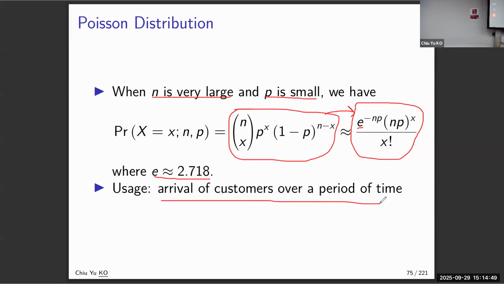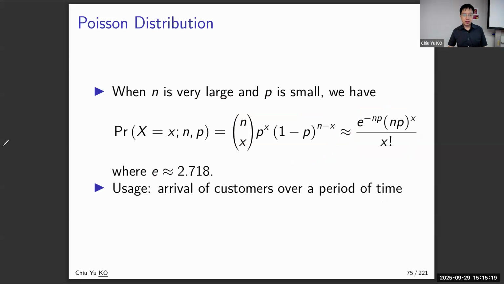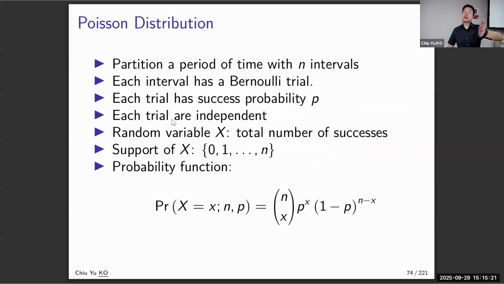Turns out that if you learn the advanced class of what we call stochastic process, using probability to model how things evolve over time, this Poisson is the baseline. If you go to that stochastic process class in that department, in the 4,000-level classes, the first lecture will teach you this. And then it goes on and on, much more complicated. But this Poisson is the way that you try to model how things evolve. And the most important assumption is each one is independent, right?